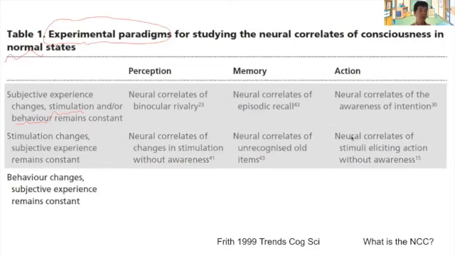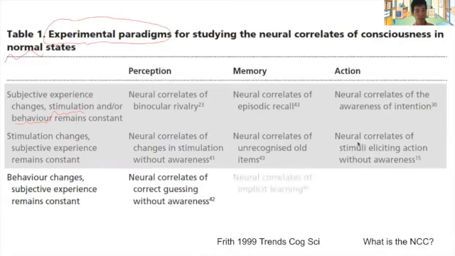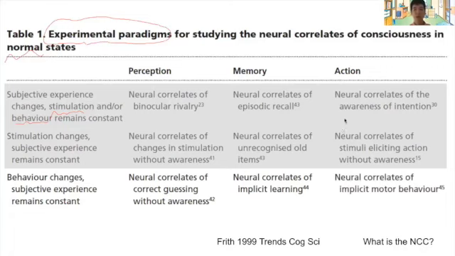Okay, and then behavior changes while subjective experience remains constant. This is correct guessing without awareness. That's a blindsight situation, or the neural correlates of implicit learning. That's also similar to blindsight, but you can create unconscious learning within normal subjects. And also neural correlates of implicit motor behavior, again like a blindsight situation in the normal subject.